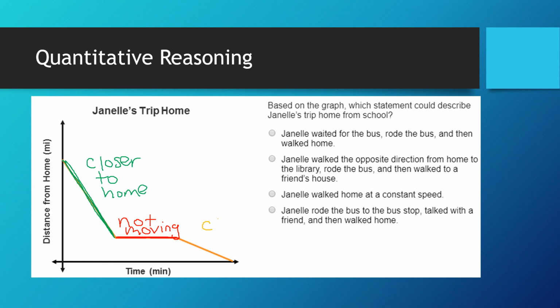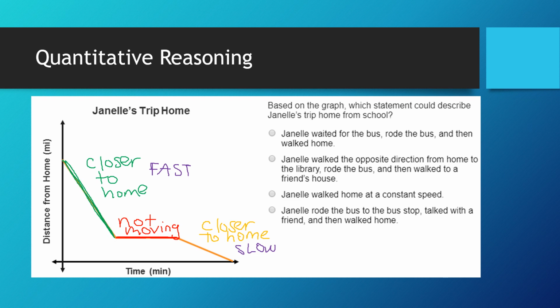So she's still getting closer to home, but I'm going to write slow next to that one. And I'm going to write fast next to the green one because she's moving at two different speeds. Those lines aren't going at the same angle. So now let's see if we can find one of the options that matches what we just interpreted from those three pieces of the graph.